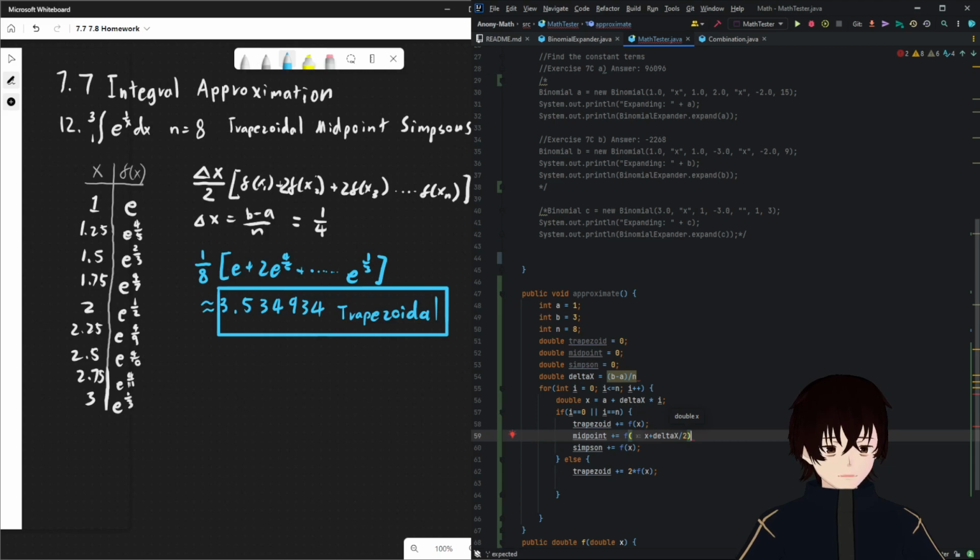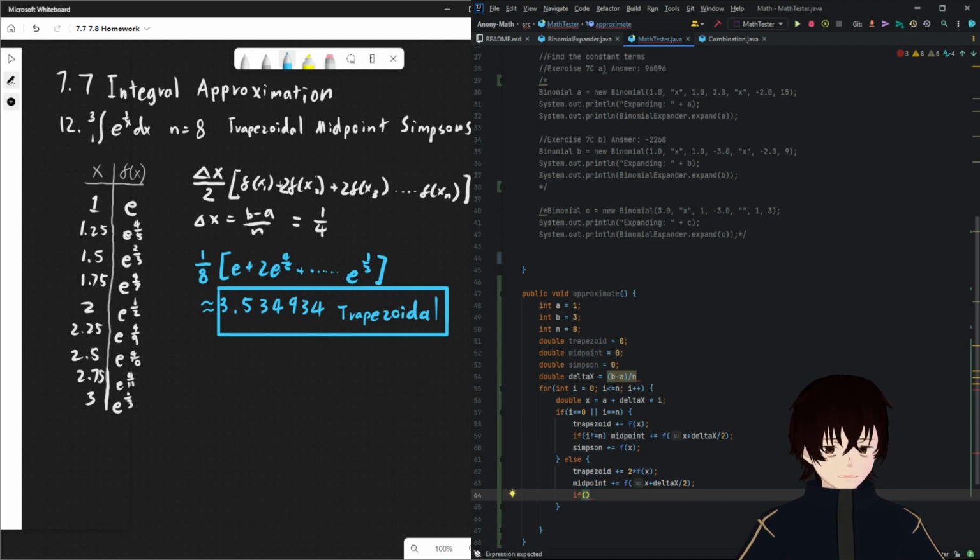That would give us a midpoint, and that is only if I is not equal to n. But down here it would be a bit more straightforward. If I is 0, it takes that. If I is not 0, it comes down here. There's probably a smarter way to write that.